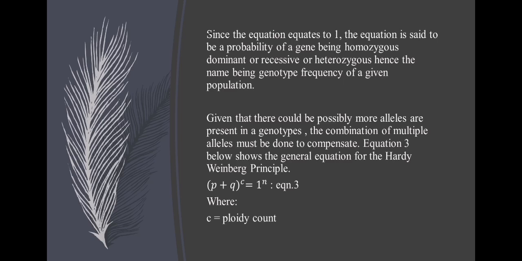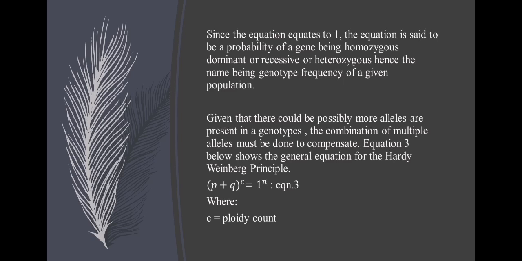For example, we just have two manifestations when it comes to a certain trait, two alleles, the dominant and the recessive. However, it rarely happens to human beings. Sometimes it happens. Most of the time, it happens to animals like amphibians and reptiles. Okay. So we're going to account for the ploidy number.